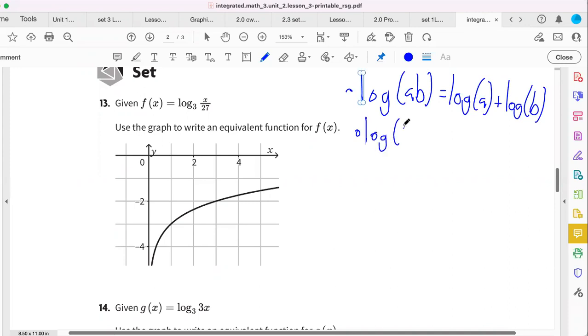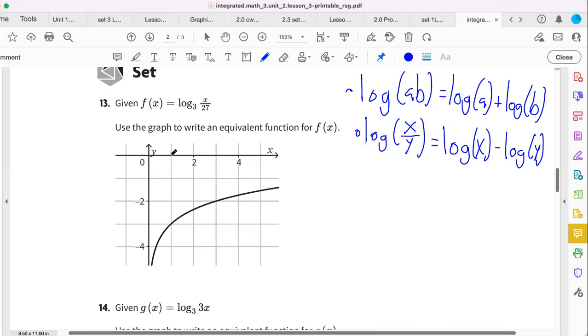We also saw a property where if you have, let's make it X over Y, we're capable of a quotient. So if you have a fraction as your argument, you can rewrite this as log X minus log Y. And of course, giving respect to the base that should be sticking around. Capiche? Makes sense?